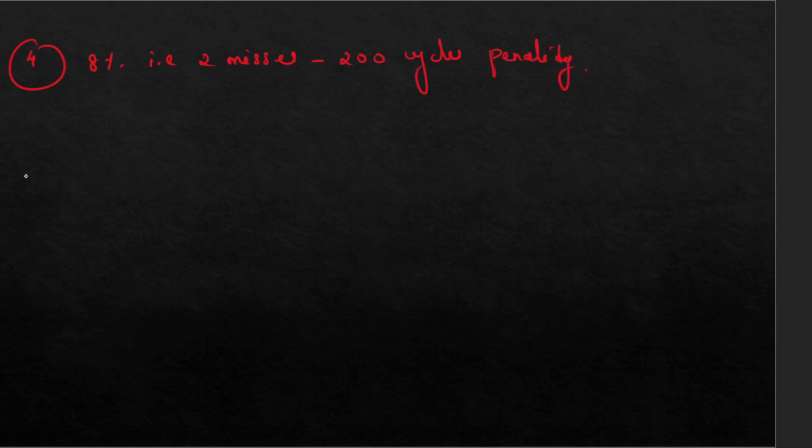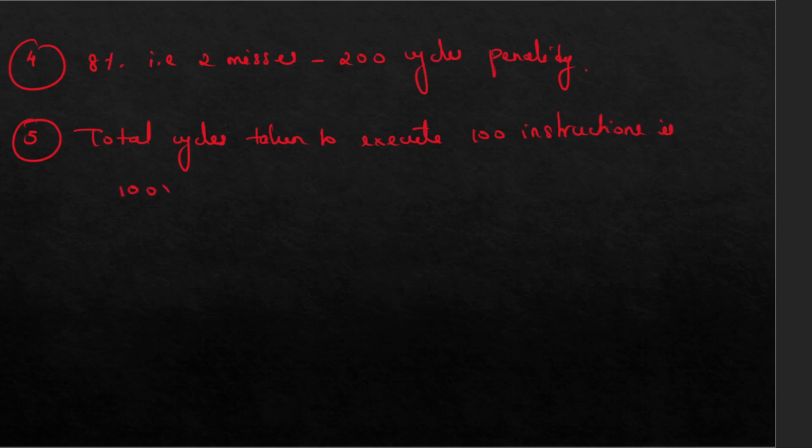So the total cycles taken to execute 100 instructions is 100 into 2 plus 200 plus 200, which is 600 cycles. So the CPI here will be 600 by 100, which is 6.